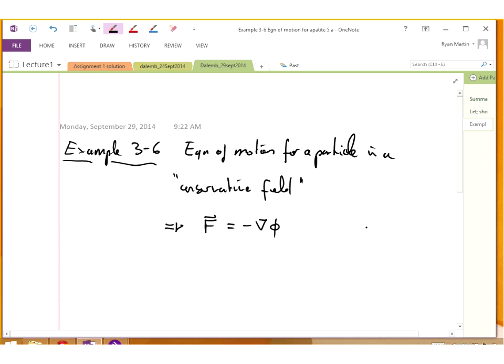We call phi a potential. For example, gravity, or the Coulomb potential. I hope this is not anything new, that it's possible for a force to be written as the gradient of a potential.